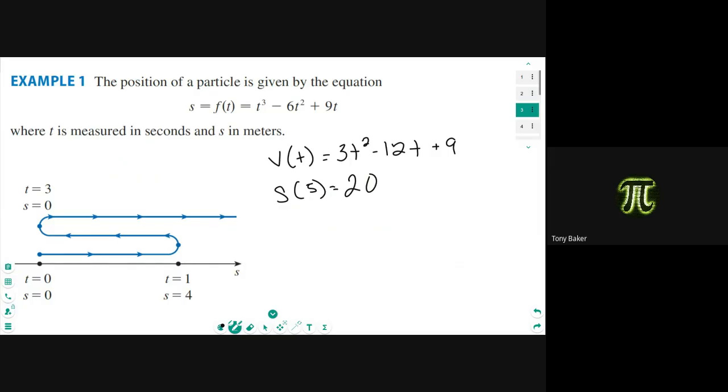What's that represent? That represents how far away from where it started, right? But what did this particle do at one point during its travel? It reversed, right? If it reversed, it still went that distance, correct? So we've got to count that.